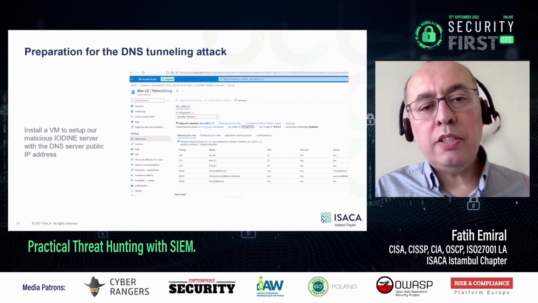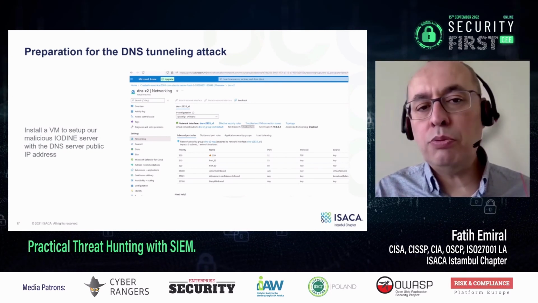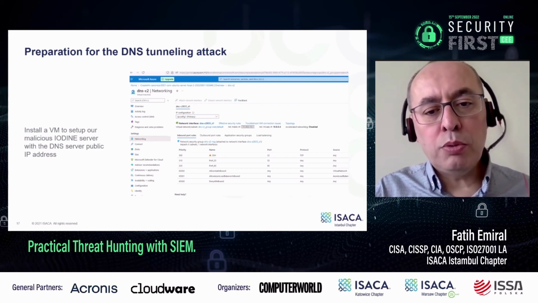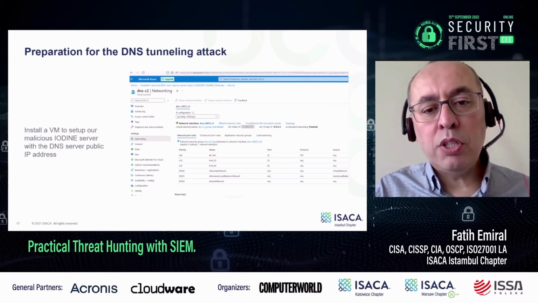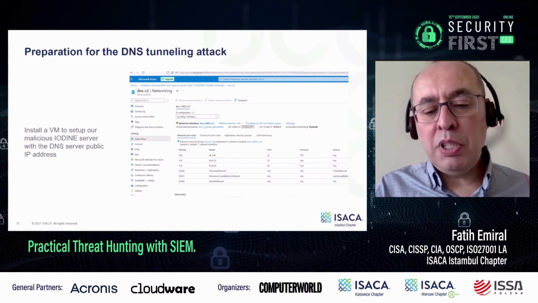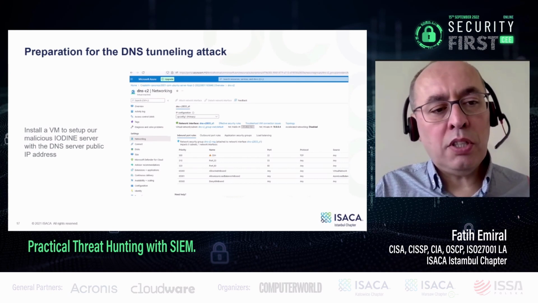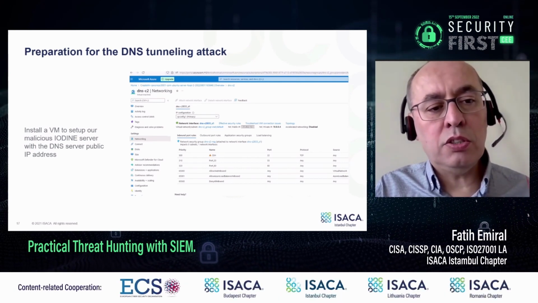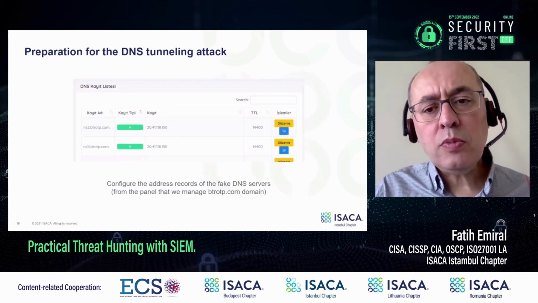Here I rent a virtual machine from Microsoft Azure or some other platform, it doesn't matter. I'm going to use it for malicious purposes, but the cloud provider will obviously not be aware of this. I'm basically renting a simple virtual machine here, but I'm going to install iodine, which is the attacking tool we will use on it.